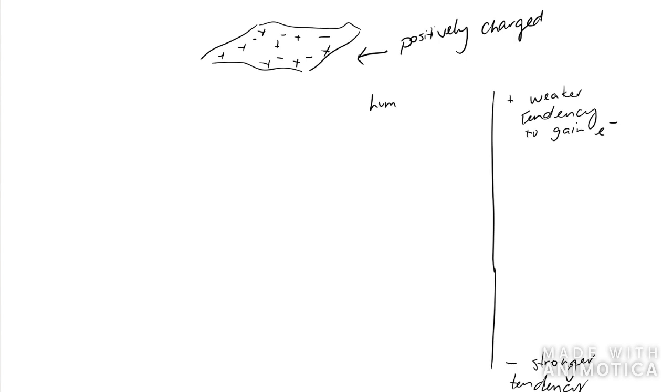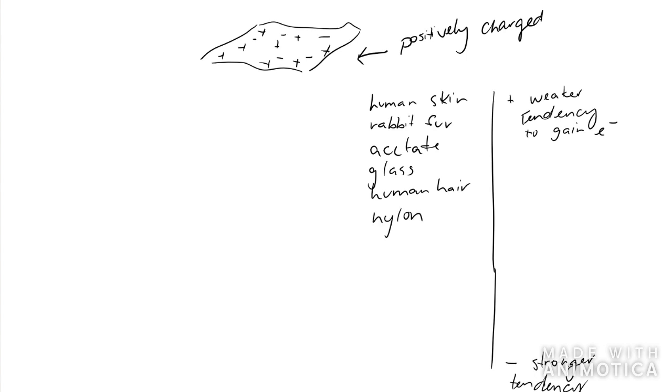So human skin is the first one. Rabbit fur. Acetate. Glass. Human hair. Nylon. Wool.